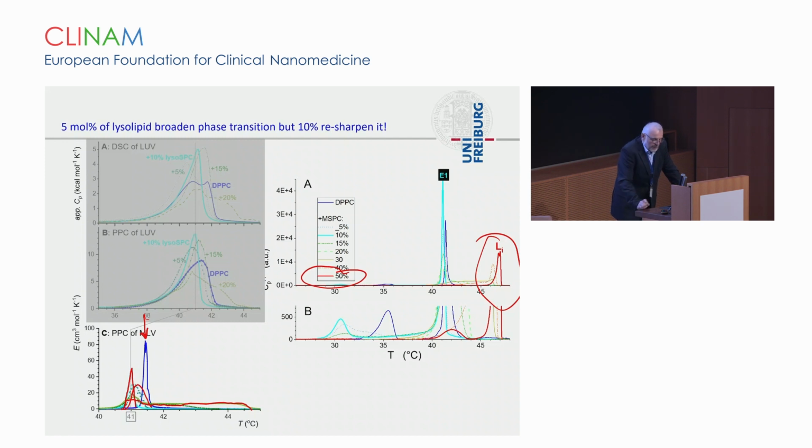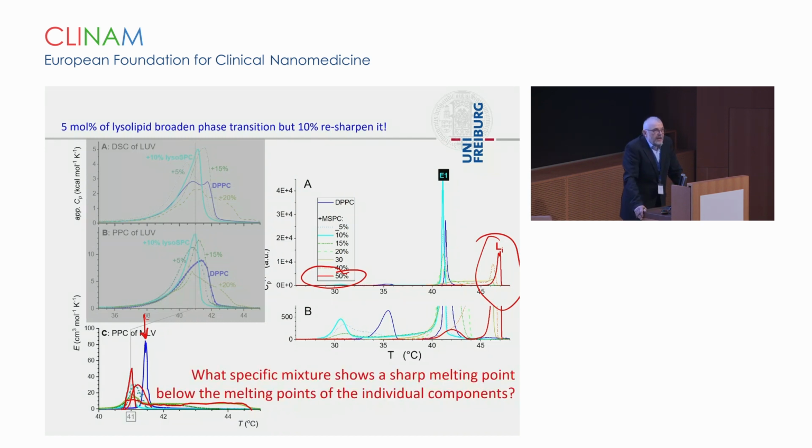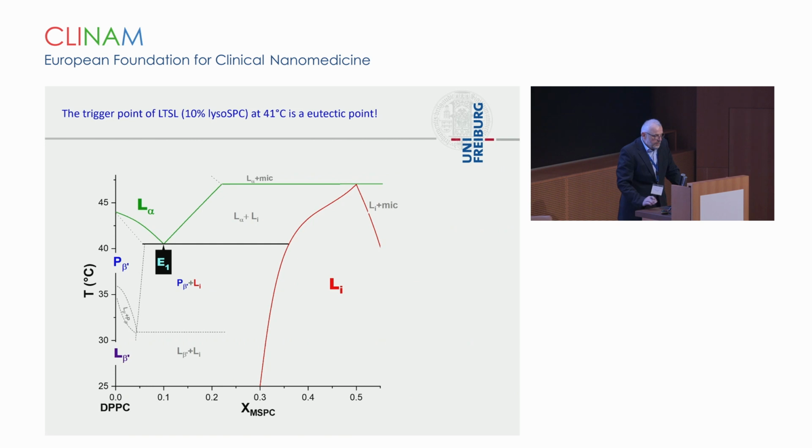So now, we just had our final exams in pharmaceutics in Freiburg a couple of weeks ago, and one question in the exam could have been, what specific mixture shows a sharp melting point below the melting points of the individual components? And since you probably all passed your exam at some point in the past, you of course know the answer to this question.